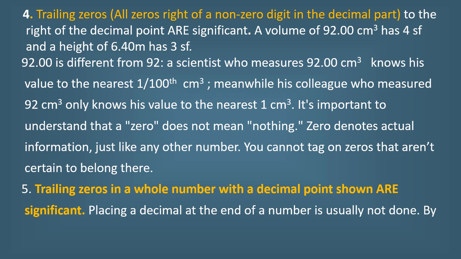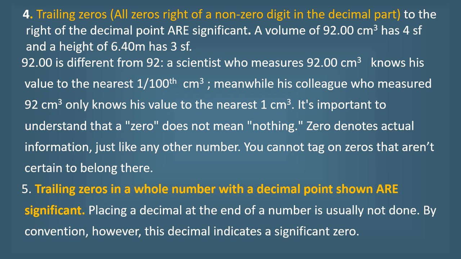What do I mean? Placing a decimal at the end of a number is usually not done. By convention, however, this decimal indicates a significant zero.